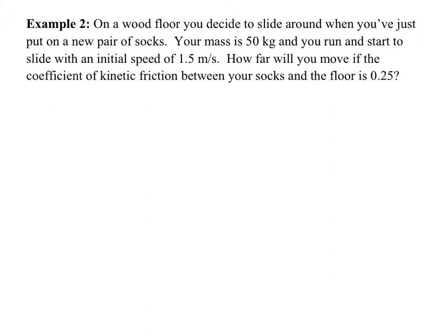So let's list what we know. We know mass is 50 kg. Initial speed, guys, you got it? Listen. Vi is 1.5 meters per second. Keep going. What's your final speed in this problem? Why?